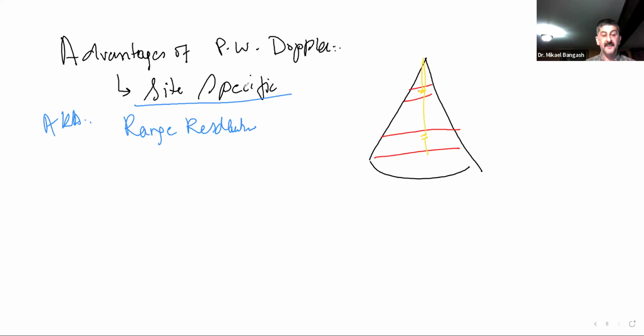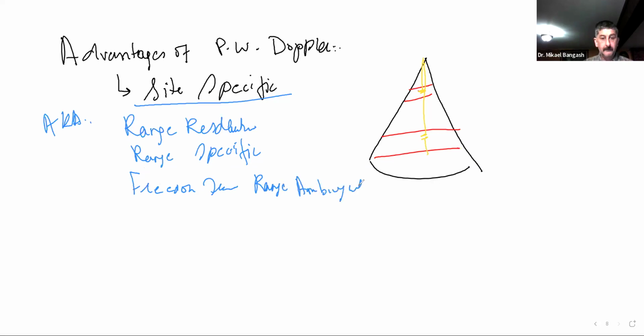This site specificity here, we can also see that it's going to be range specific, or whatever is going to be free from, it's going to have freedom from range ambiguity artifacts.